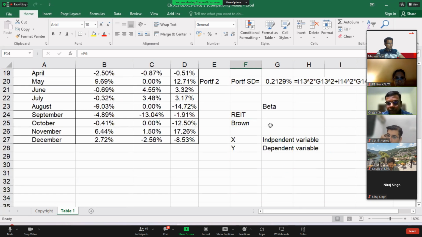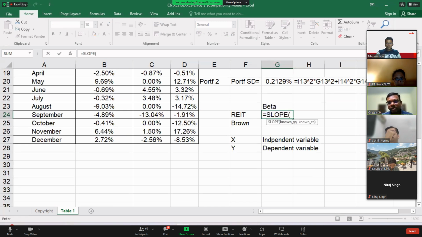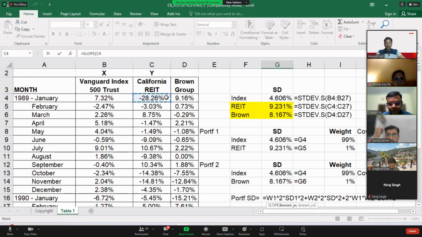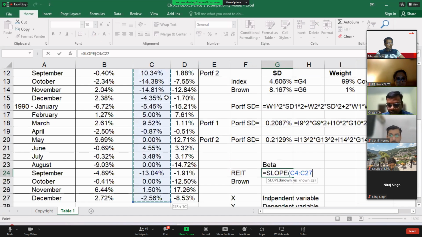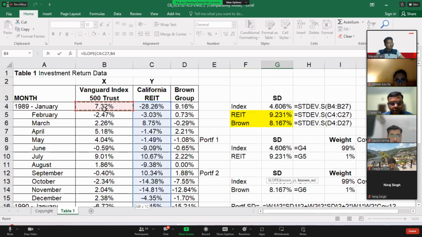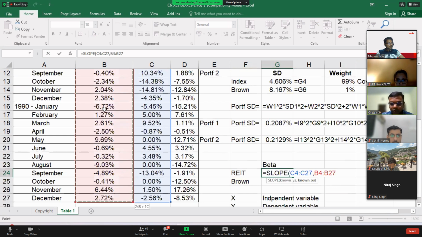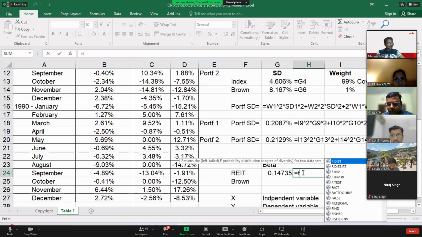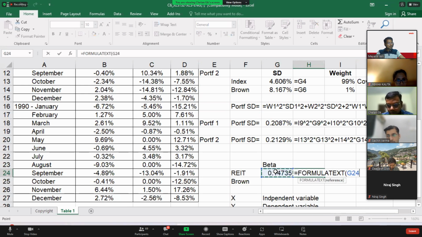So now I'll go and compute REIT's beta. Use the SLOPE function: y is the returns of REIT, comma, x is the index returns, then I close the bracket and press enter. I got the value of the beta.